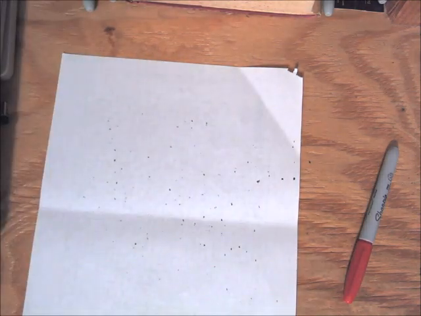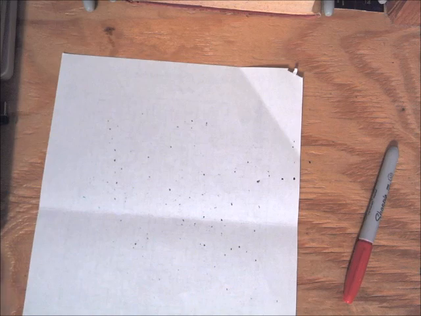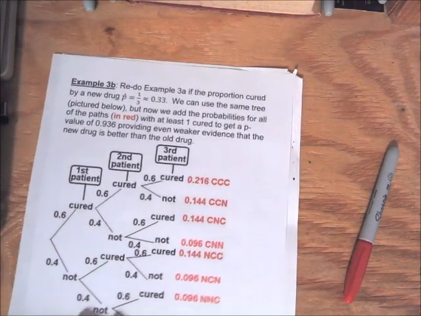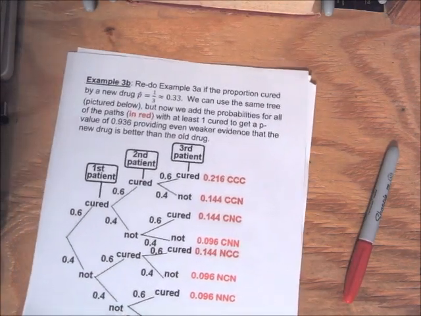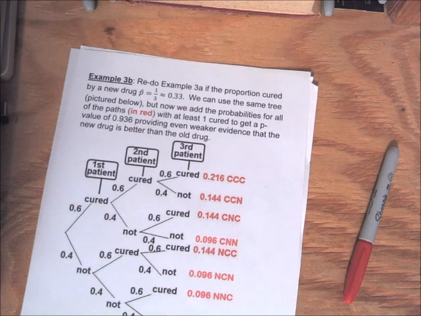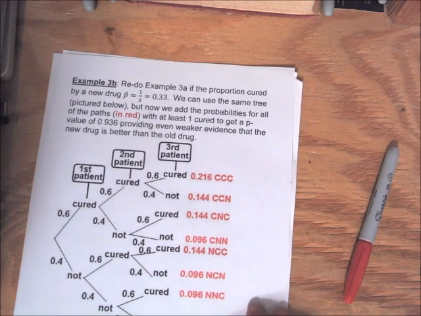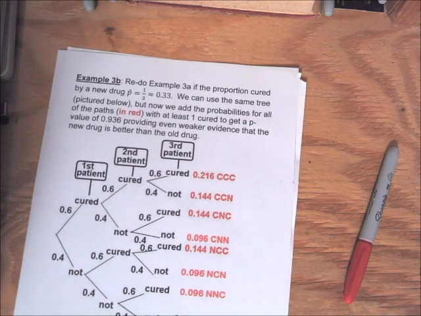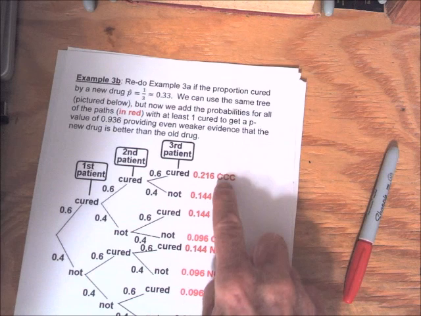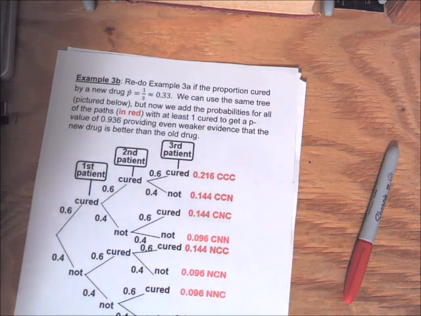Okay, so example 3b. In example 3a, if the proportion cured by the new drug, p hat, is 1 out of 3, 0.33, we can use the same tree, but now we add the probability for all the paths with at least one cured, which I put in red. So there are even more paths with at least one cured, and we have an even bigger p-value.